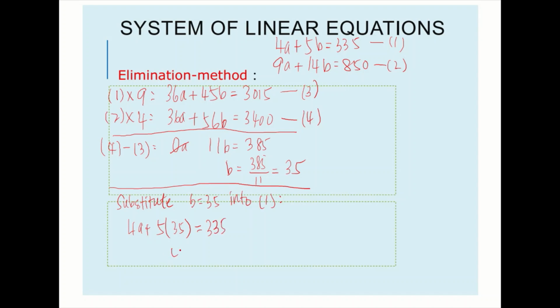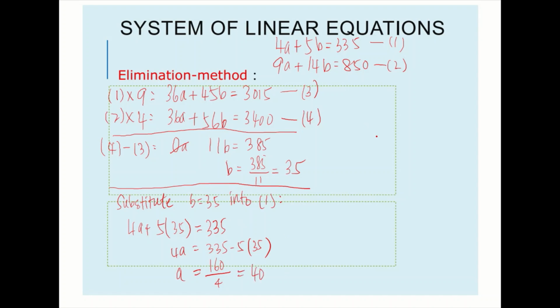And now 4a will be 335 minus 5 times 35. This is equivalent to 335 minus 175, which is 160. So 4a is 160. Then a will be 160 divided by 4, which is 40 units.